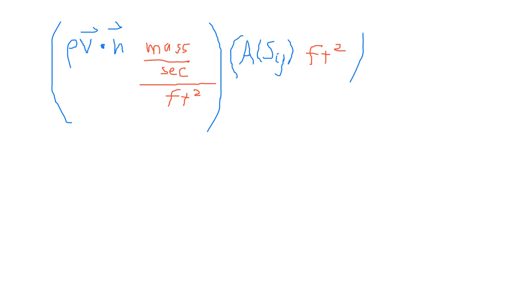So the feet squared simplify out, and what you're left with is mass per unit time. That's a rate. Are there any questions on this before we go back to the book?